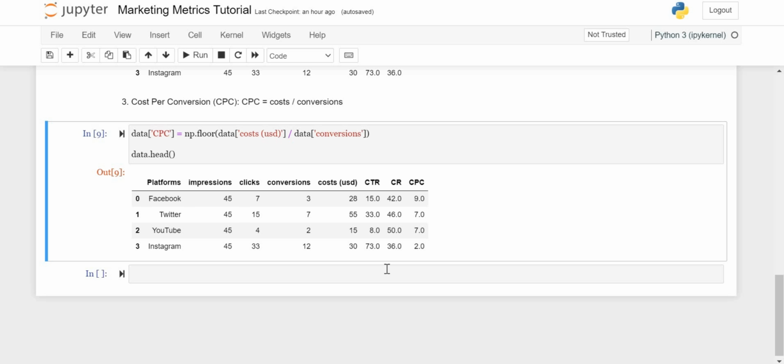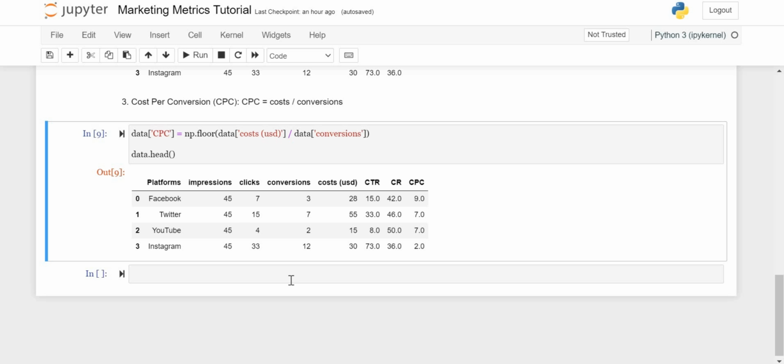But overall, marketing metrics interpretation requires a balanced approach, considering CTR or CR and CPC, because that is often best for effective marketing decision making.